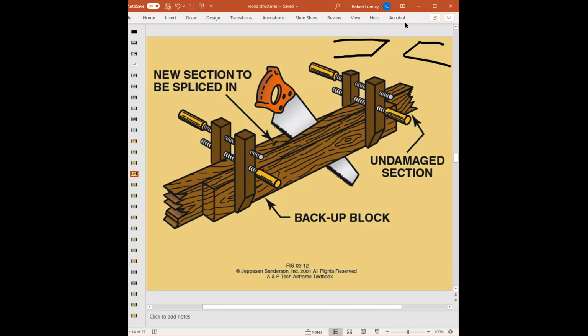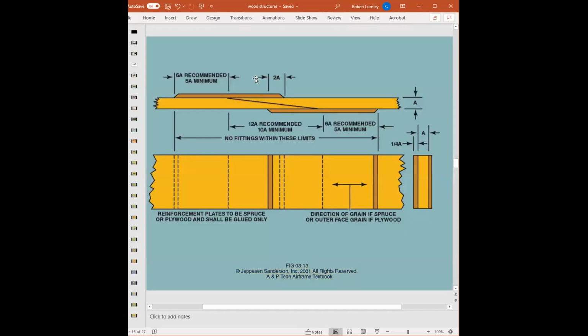So what we're going to do is put the two pieces together and run the saw back through the two pieces. And thus we're cutting them at the same time. So we're matching it. And that way they are ready to be glued together.